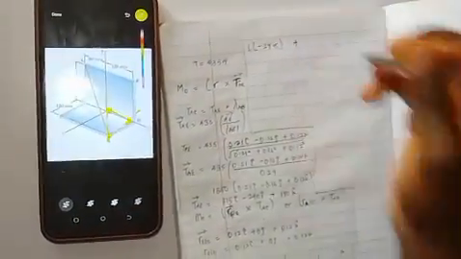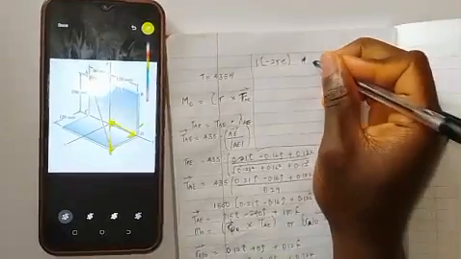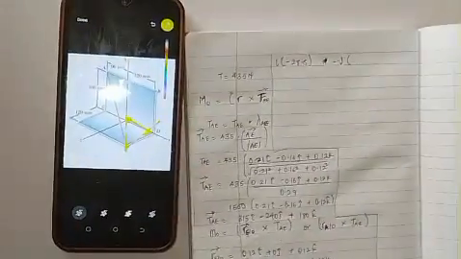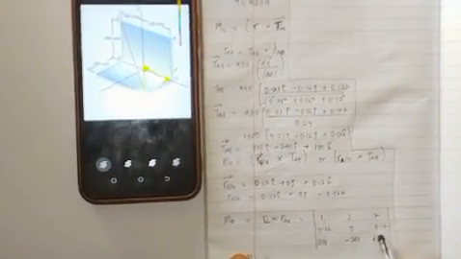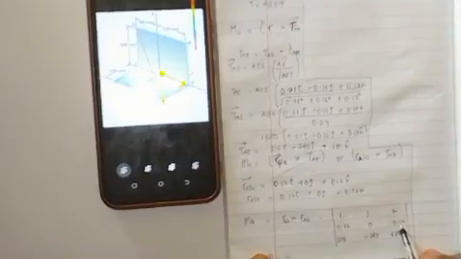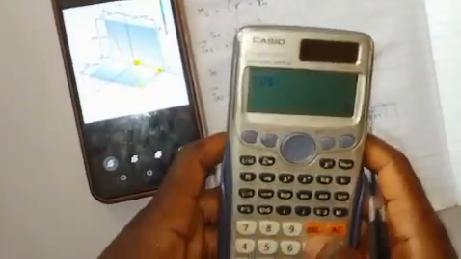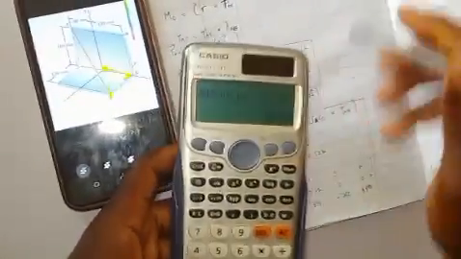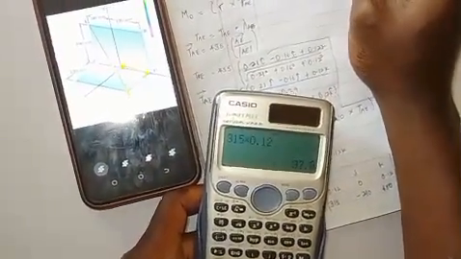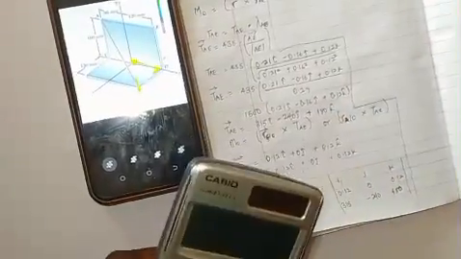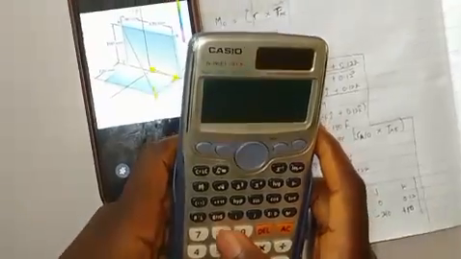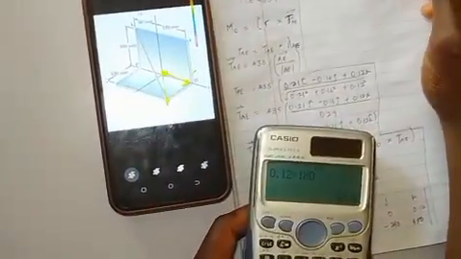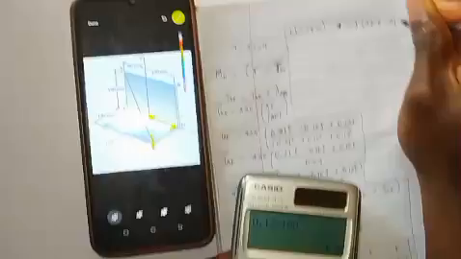plus, sorry, this will be minus J into bracket. If we pick this particular J, we are not picking anything here, we are not picking anything here. So we'll be having 315 times 0.12 minus 0.12 times 180. So 315 times 0.12 is 37.8, minus 0.12 times 180, which is 21.6 in J direction.